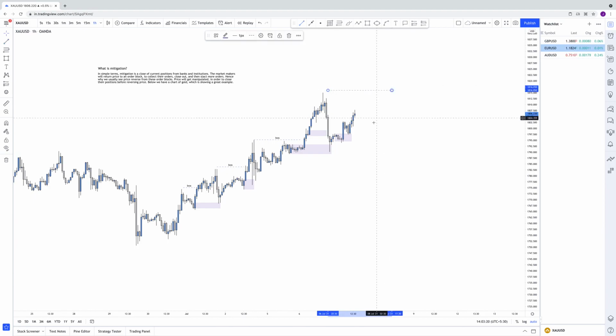But there's no saying that we couldn't put in another break of structure and then see this happen again. Mitigate, rebalance, more orders being placed, looking for them demand areas, them order blocks, because that's where price is more than likely going to gravitate to before we do see continuation.